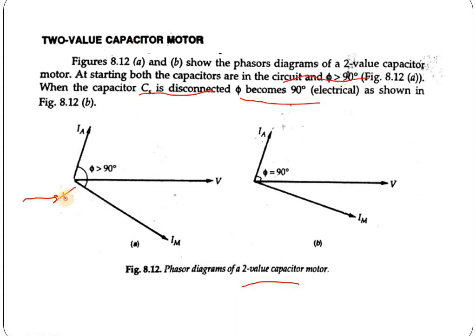The main winding is resistive plus inductive in nature, so IM will definitely be lagging, and the auxiliary winding will be more than 90 degrees. This is the auxiliary winding when both capacitors are working together. This is greater than 90 degrees.